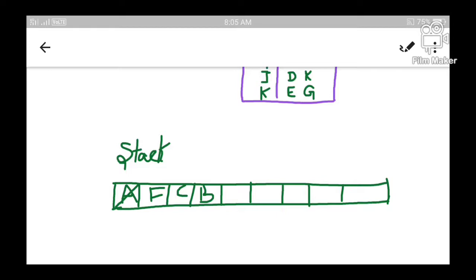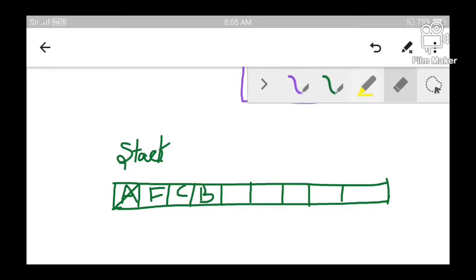If I draw the stack like this, you will be having some confusion, so let me draw the stack in some other way.